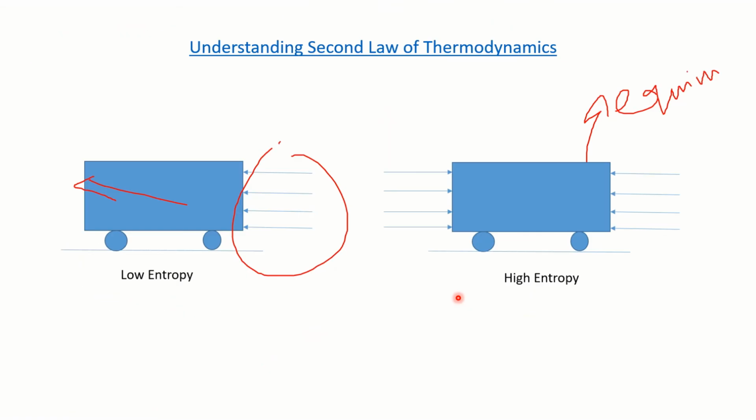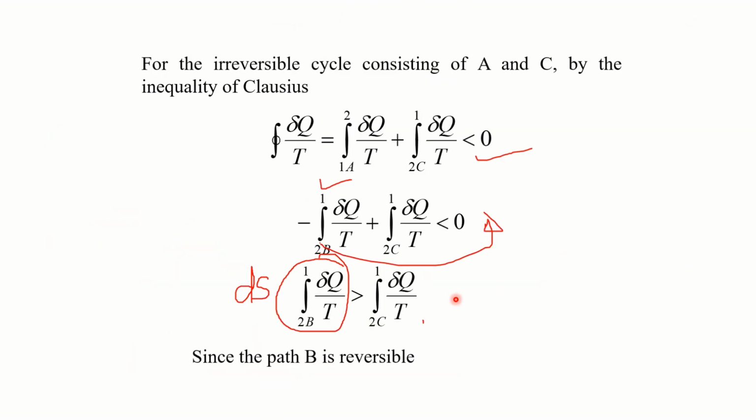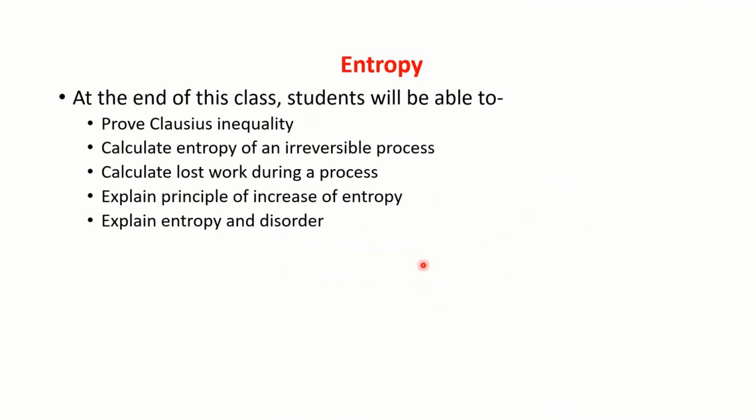So from these discussions, hope you must have understood the Clausius inequality, how to calculate entropy for a reversible process, and how to calculate entropy for an irreversible process, which will have two parts: entropy increase due to heat transfer and entropy increase due to internal irreversibilities.